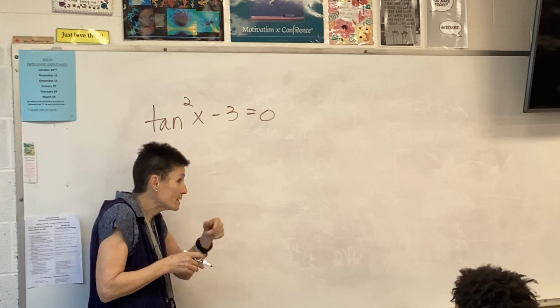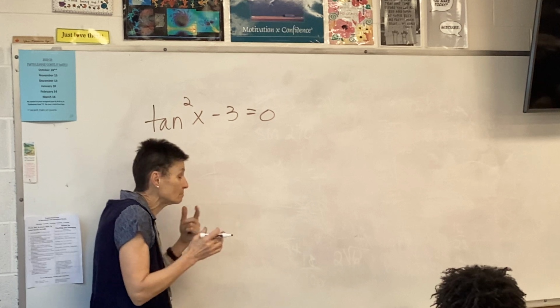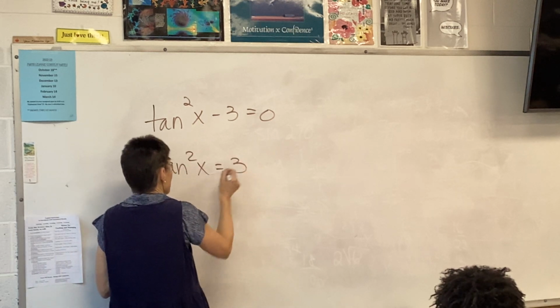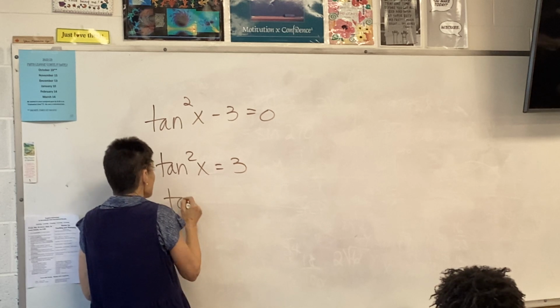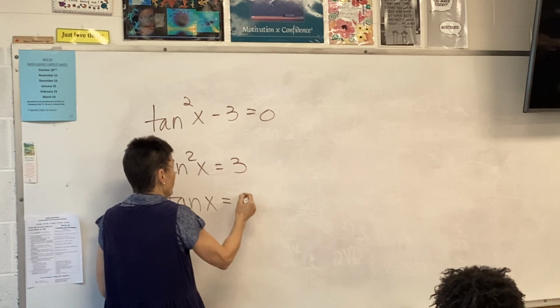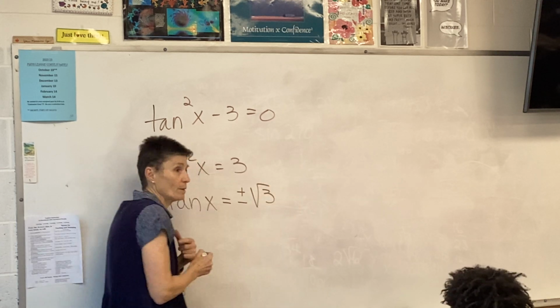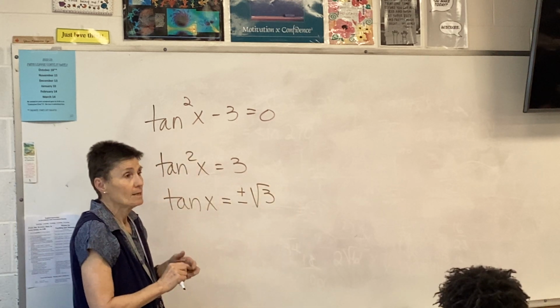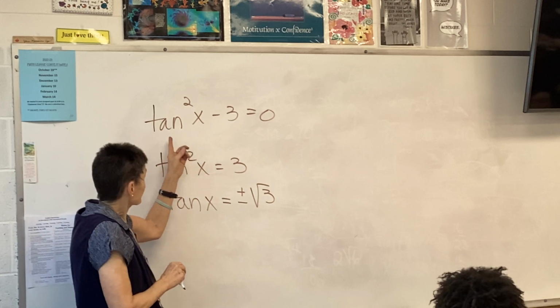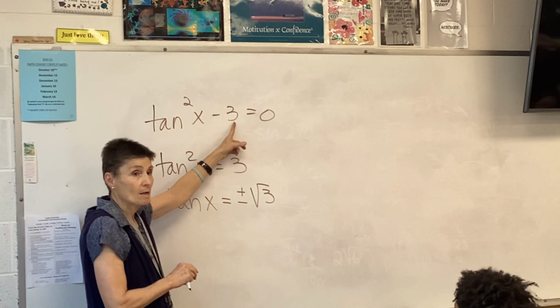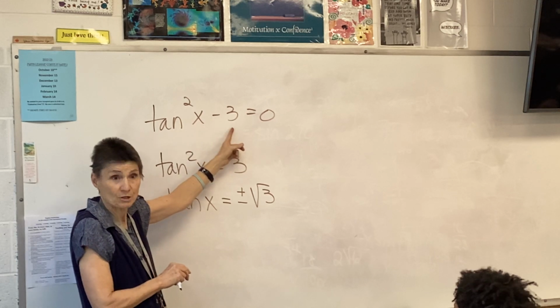I would add 3 and square root both sides. So tangent squared equals 3. And tangent then equals plus or minus the square root of 3. Now, if that had been, let's say, a 4, then I could factor that if I wanted to.